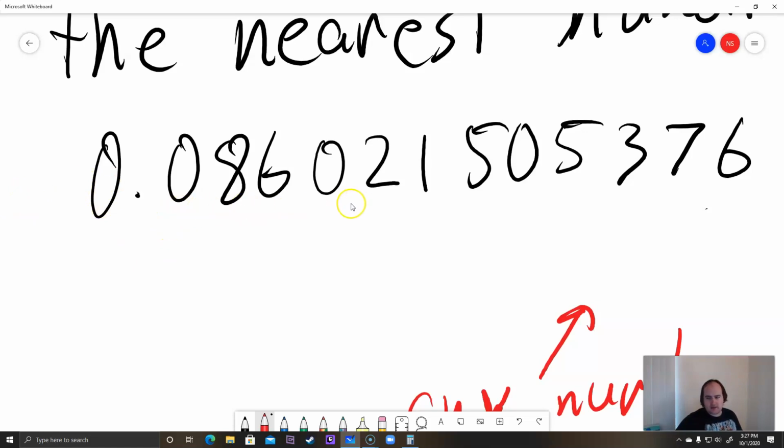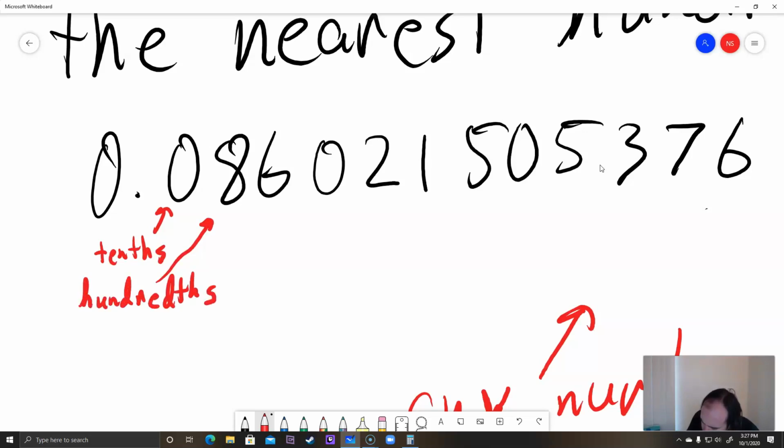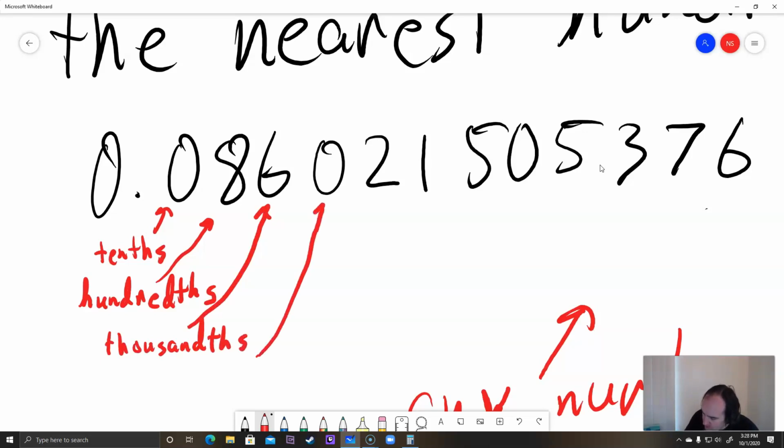To the right of the decimal, it's the same pattern, but you have a th after it. So the 0 is tenths. The 8 is hundredths. The 6 is thousandths. And then the 0 here is 10 thousandths.